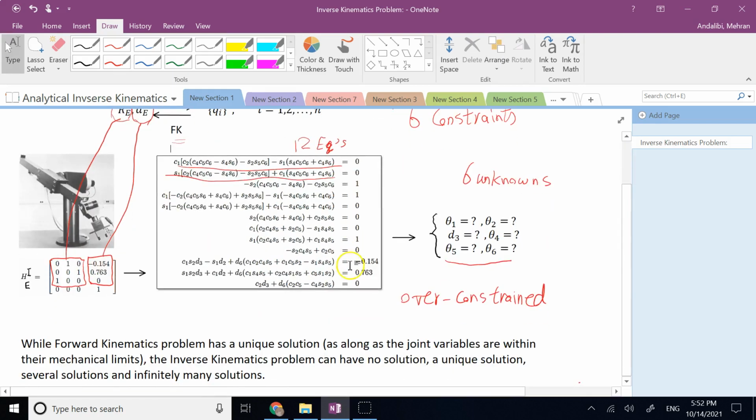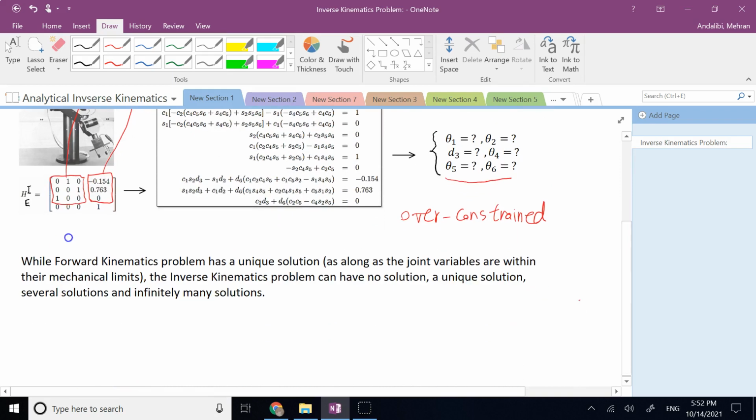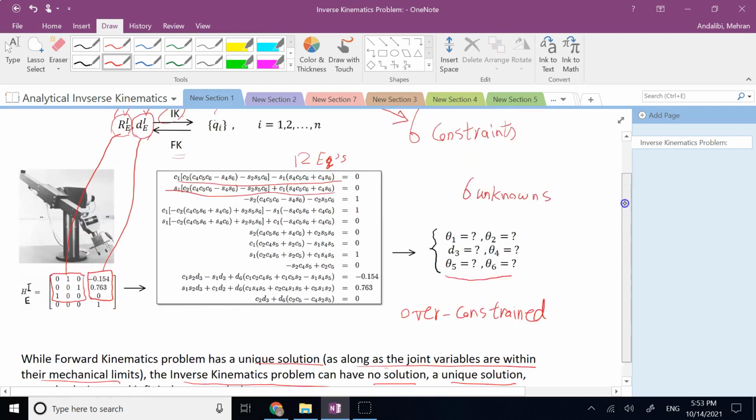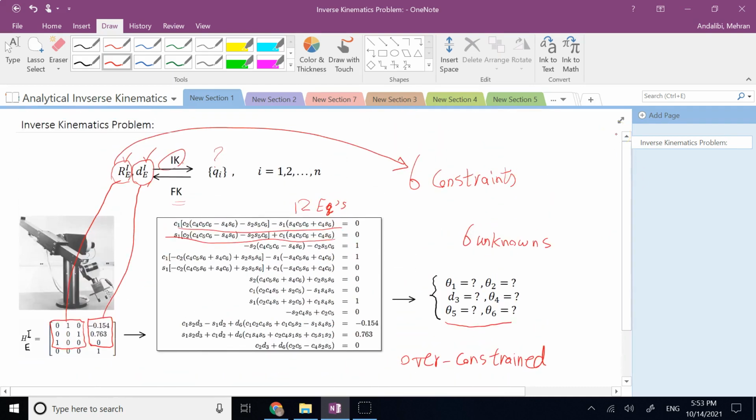So that's another big important difference between forward and inverse kinematics. Inverse kinematics can have no solution, a unique solution, several solutions, or infinitely many solutions, while forward has only a unique solution as long as the joint variables are within the mechanical limits. And I'll show you all of these scenarios here through even simple examples.